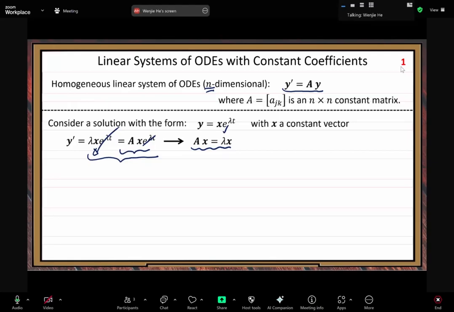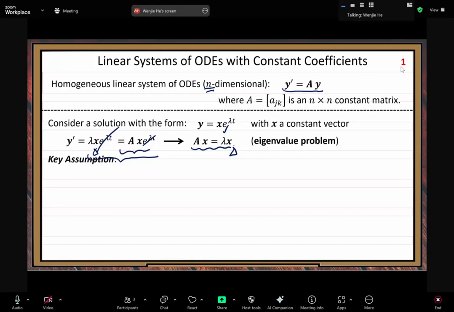It's an eigenvalue problem, and we use this equation to calculate both the eigenvalue and eigenvector, that pair. So the first thing we do is solve this eigenvalue problem, from linear algebra.